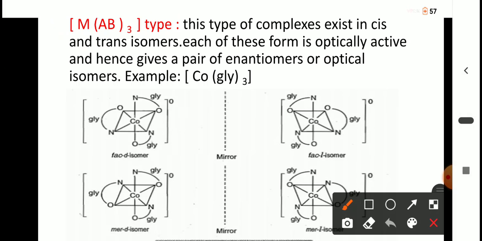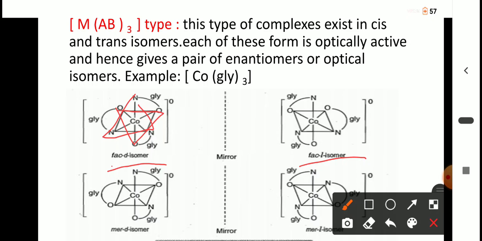You can see here three nitrogens are on one trigonal face, and three oxygens are on another trigonal face. Such complexes are called facial isomers, or cis isomers. And this compound is dextrorotatory, therefore it is written as fac-D isomer, cis-D isomer or facial D isomer. Another isomer is in a levorotatory form. Therefore it is written as fac-L isomer.